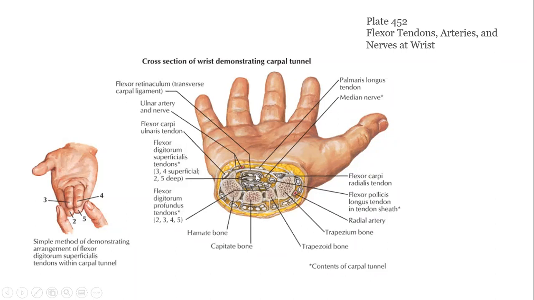So the tendons to digits 3 and 4 are stacked on top of the tendons to digits 2 and 5. They have the arrangement over here to help you remember the way the tendons are stacked. Or if you need a mnemonic, the way I remembered it was 34 over 25. So 3 and 4 over 2 and 5. So this is flexor digitorum superficialis tendons.